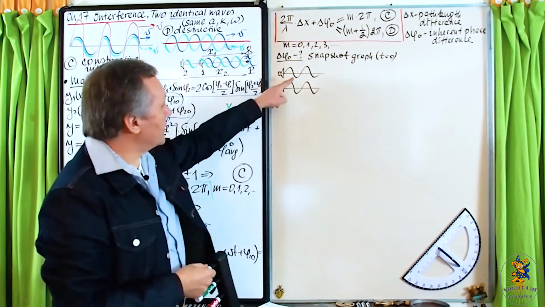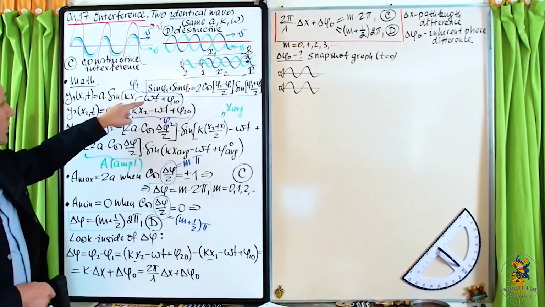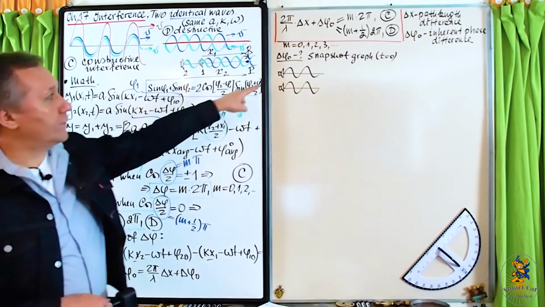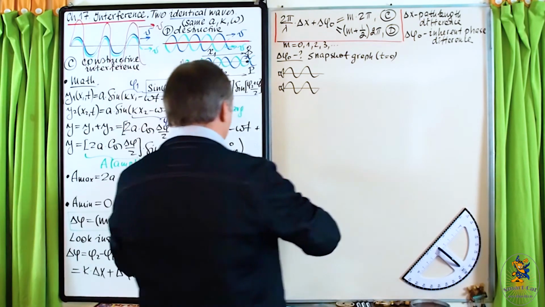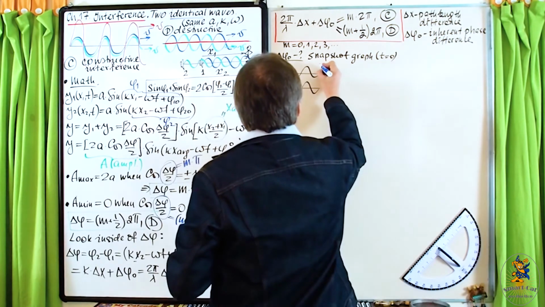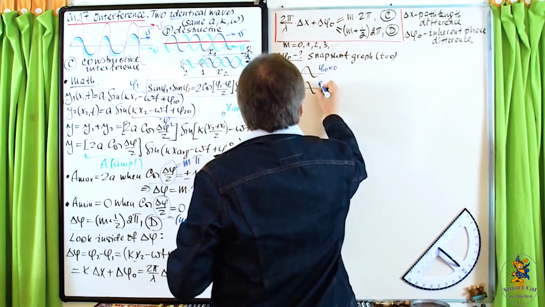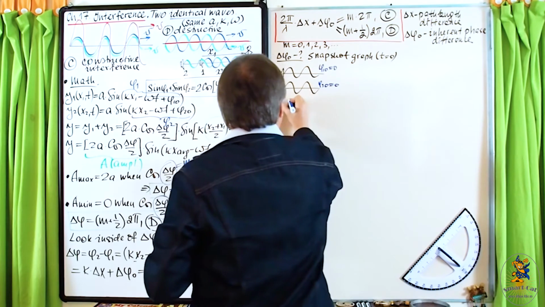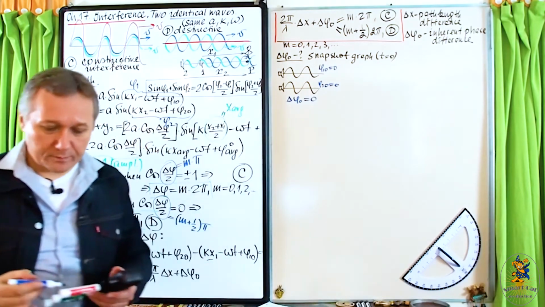We have sine function, sine function. According to this equation, the initial phase for the first source is 0. The initial phase for the second source is also 0 over here, right? So over here phi 1,0 equals 0, phi 2,0 equals 0. As a result, the inherent phase difference is 0.